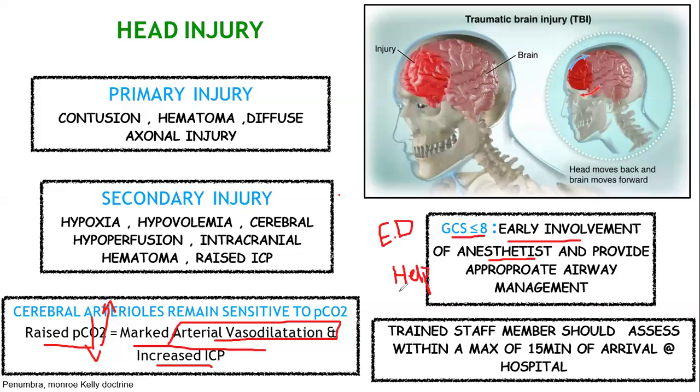If you are skilled enough to intubate the patient, but there is a protocol that first you have to call and take help of the anesthetist, right? So while doing MCQs, keep these things in mind. You will call the anesthetist for help and manage the airway.